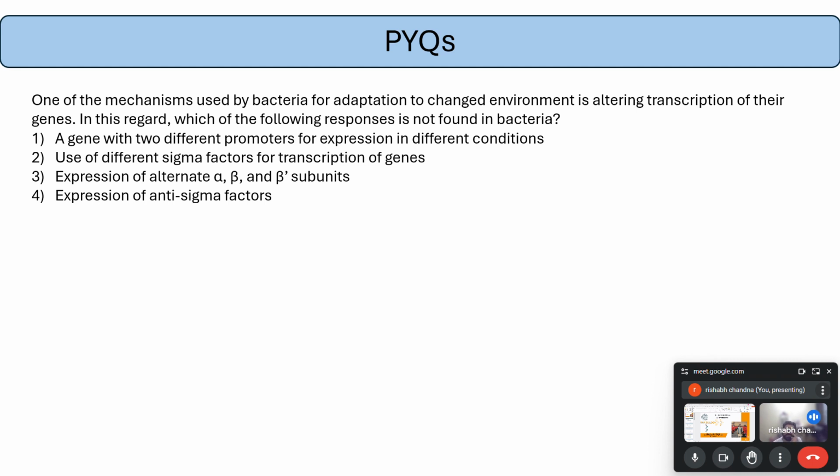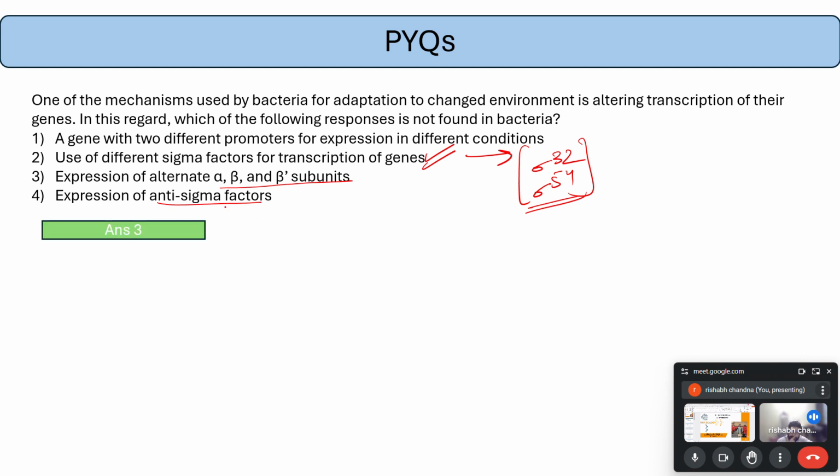Okay. Use of different sigma factors for transcription of genes. Yes, this is present. For example, just now we saw about sigma 32 and sigma 54 that is involved in different transcription of different genes involved in different functions. Expression of alternate alpha beta and beta prime subunits and expression of anti sigma factors. Okay, so the correct answer is option 3.